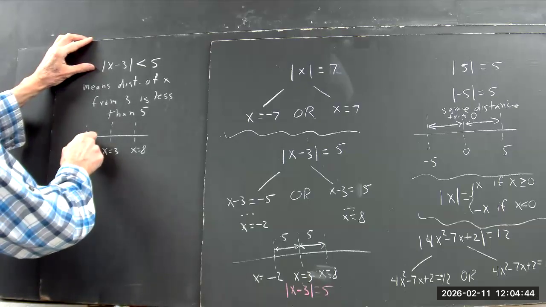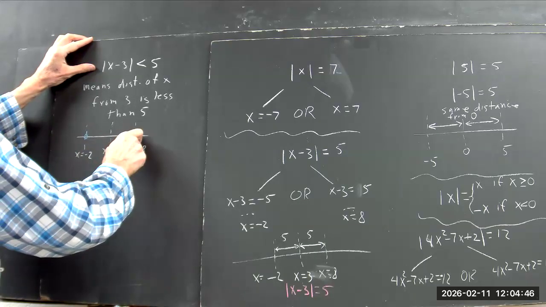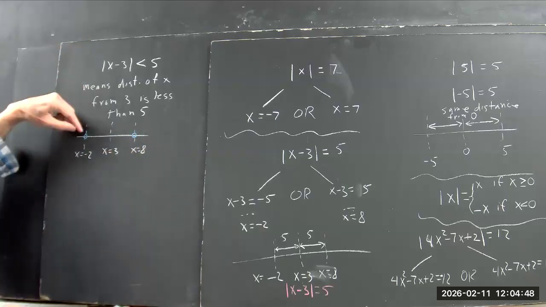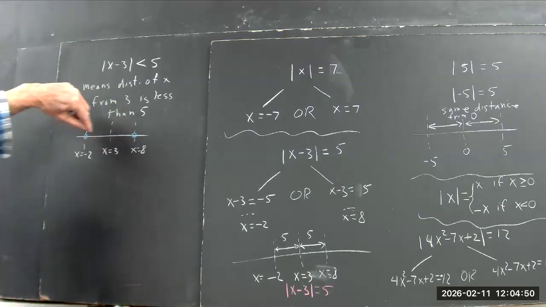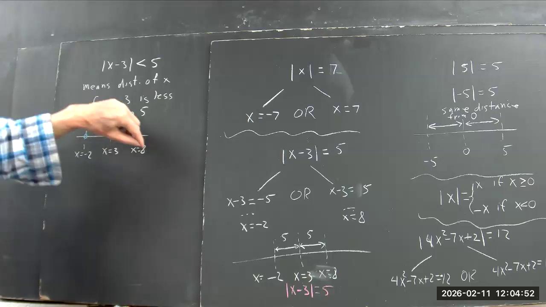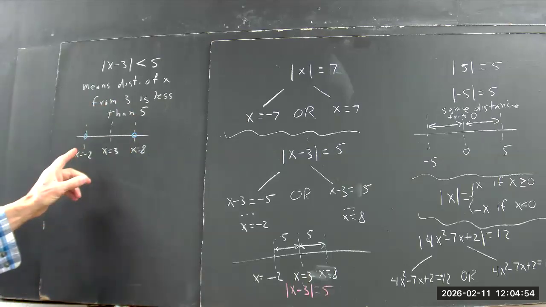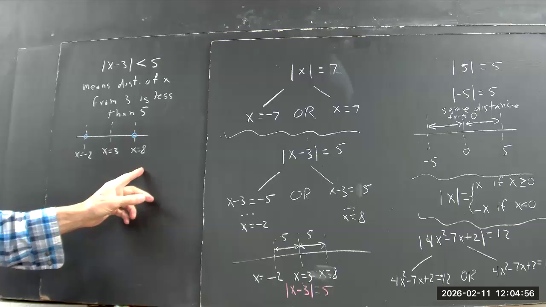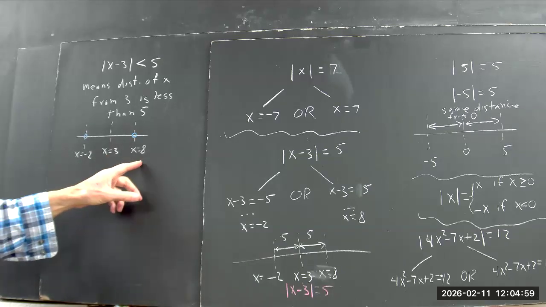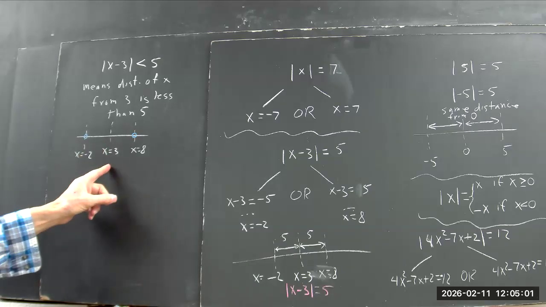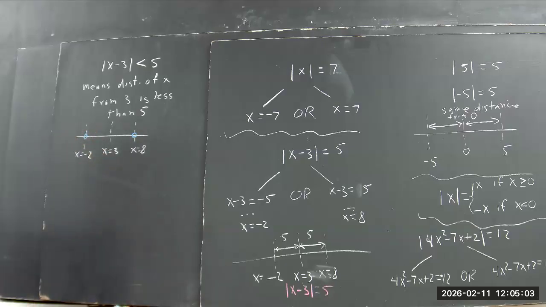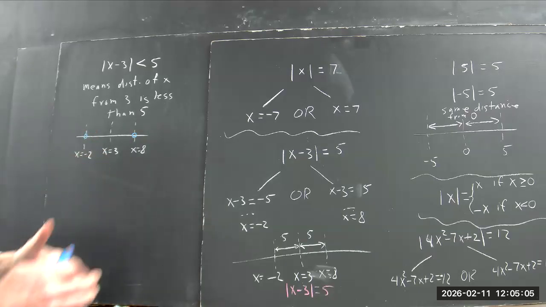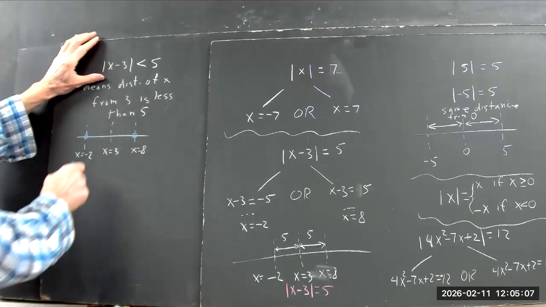The solution is the part of the number line that's between negative 2 and 8. If you're between negative 2 and 8, then you're within 5 units of 3. It's easy to see if you can draw it, but you can also imagine it.